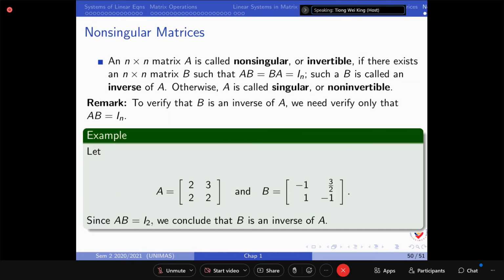Next is the non-singular matrices. Basically we deal with the inverse matrix. A square matrix A is called non-singular or invertible if there exists a matrix B such that A times B equals B times A equals the identity, where B is called the inverse of A. Otherwise, A is called singular or non-invertible.